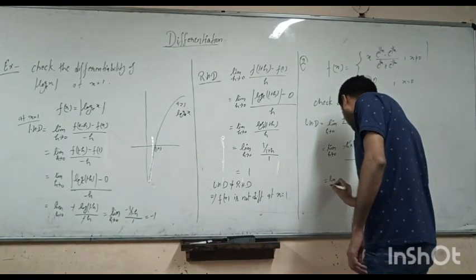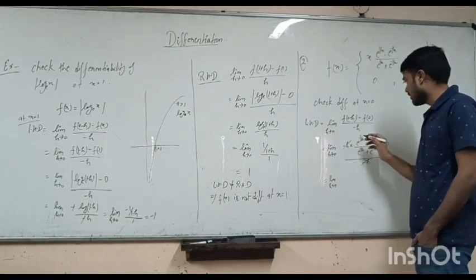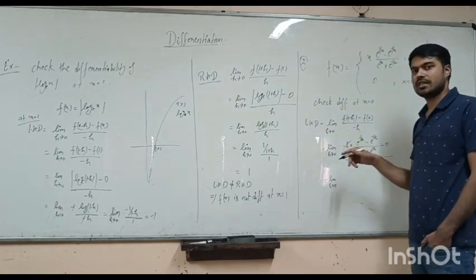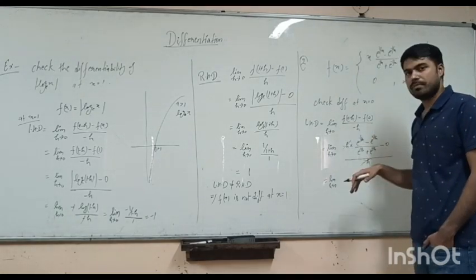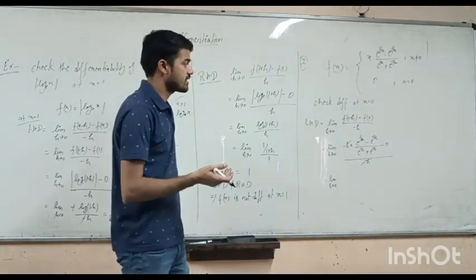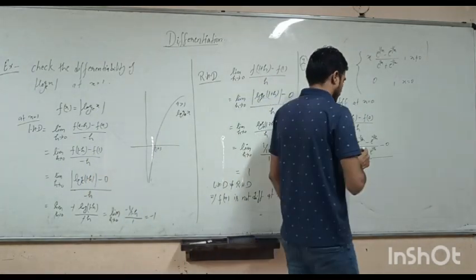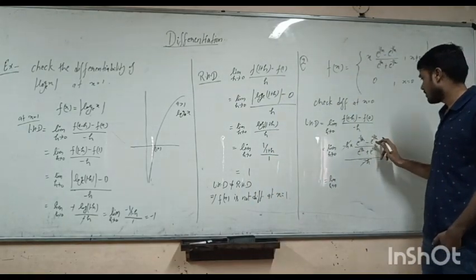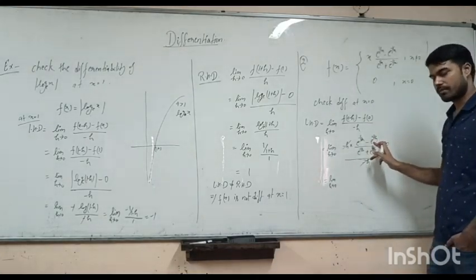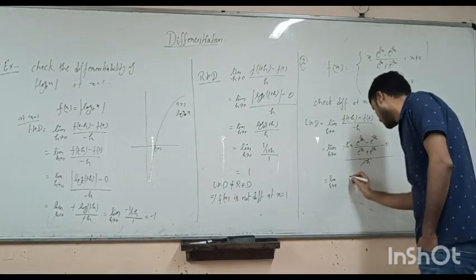Now limit h tends to 0. If h tends to 0, then 1 by h tends to infinity, and minus 1 by h tends to minus infinity. When e to the power infinity, its value is infinity, and when e to the power minus infinity, its value becomes 0. So we will take common, because we cannot define infinity. We will take common e to the power 1 by h, and it will cancel out in the denominator and numerator both.